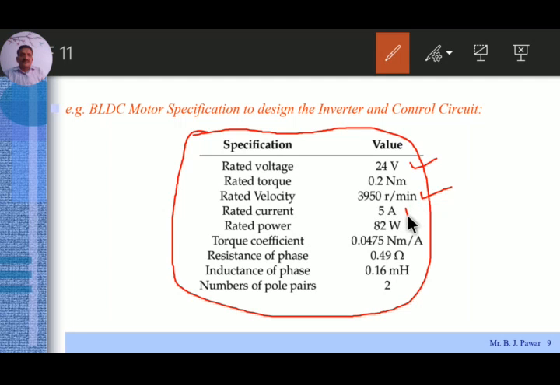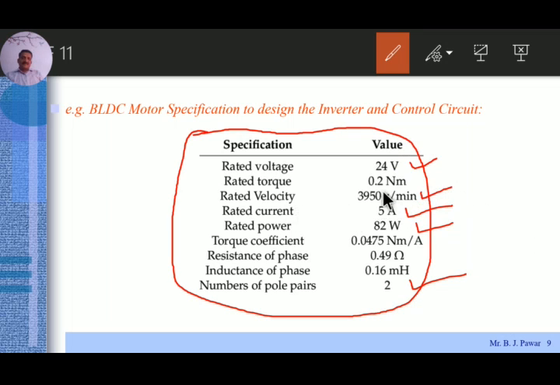Then the rated current, then power, correct? Then the number of poles also, because whatever number of poles there are, accordingly we have to generate the PWMs, because for each pole there is a requirement of a separate PWM. So these are the most important specifications by considering which we can design the driver circuitry.